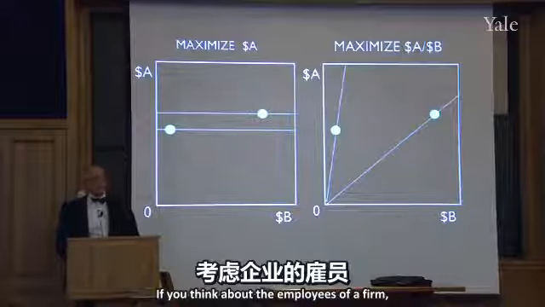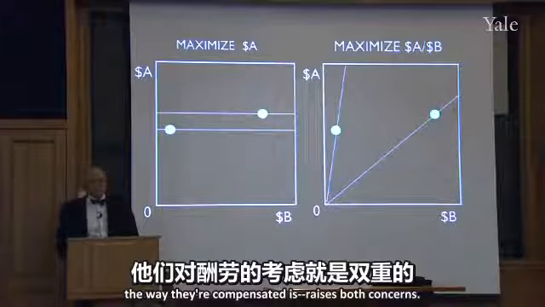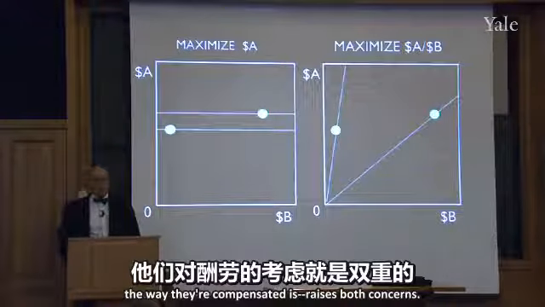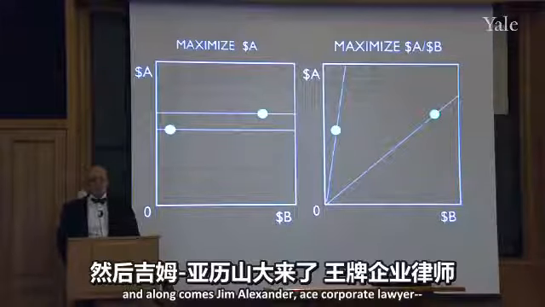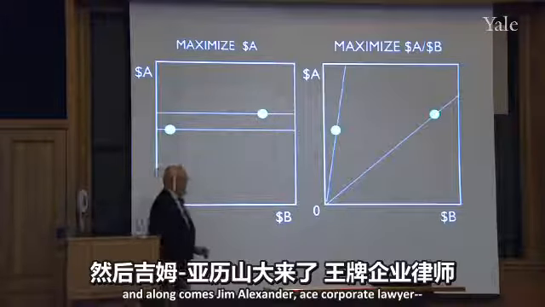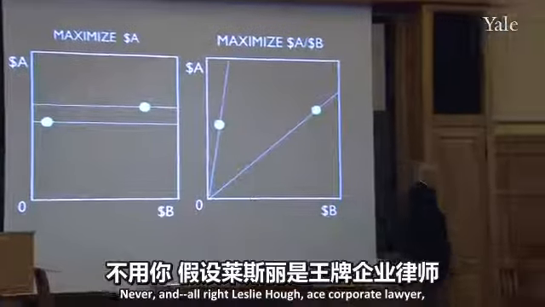And if you think about the employees of a firm, the way they're compensated raises both concerns. Suppose everybody in a law firm is making between $150,000 and $200,000. And along comes Jim Alexander, ace corporate lawyer. Never, I know. I'm abusing you. Never.